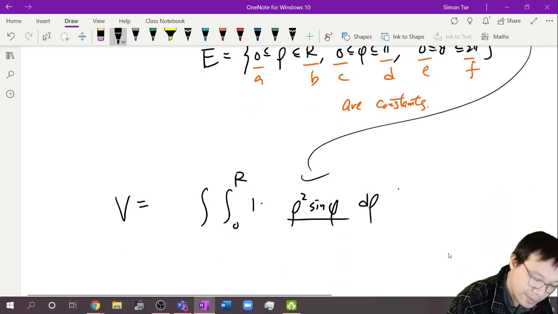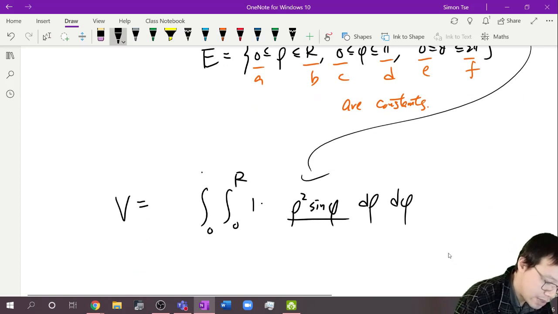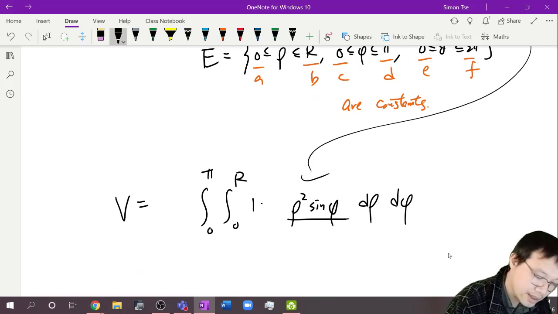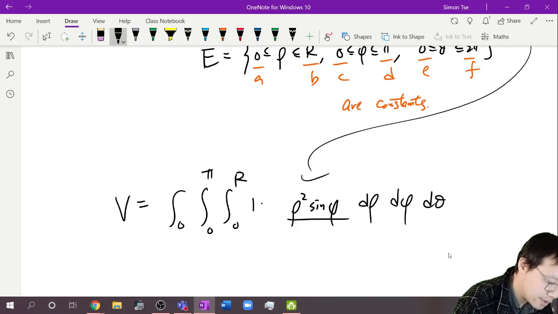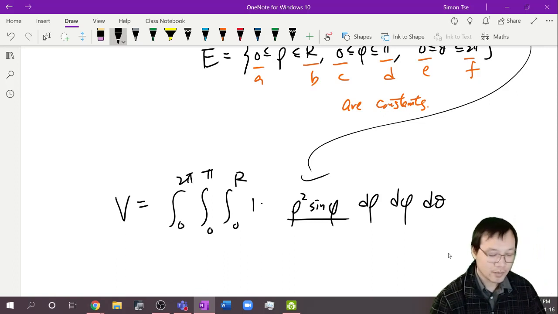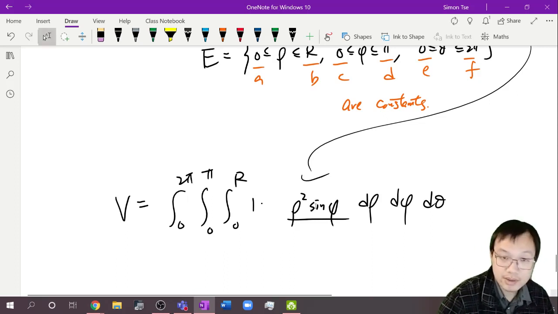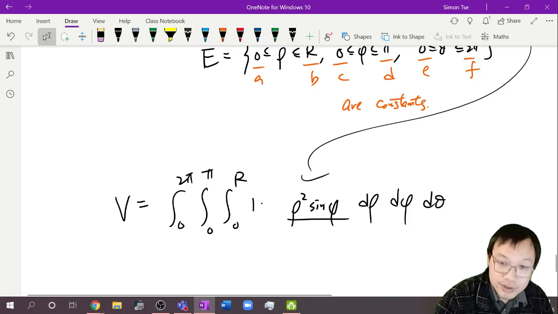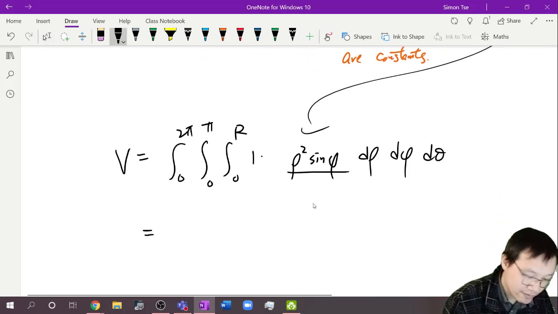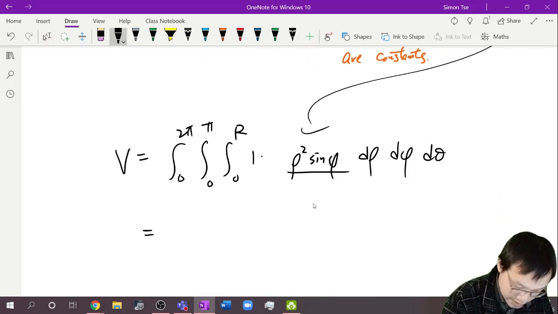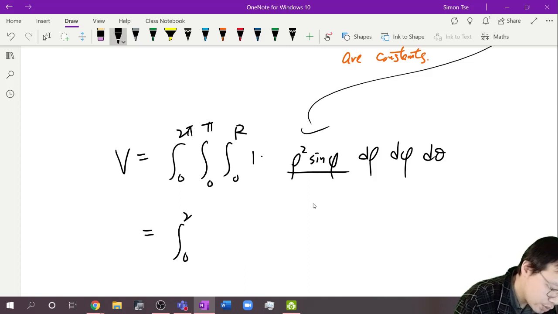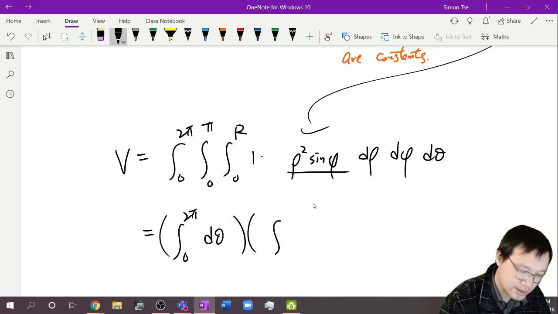The next level, let me do d phi, it's from 0 to pi, not 2 pi, and the outermost is the theta from 0 to 2 pi. And now the integrand with this Jacobian is a product of functions in only one variable each. So just like what we've done before, we can more or less separate them. This would be the same as the product of 3 single integrals.